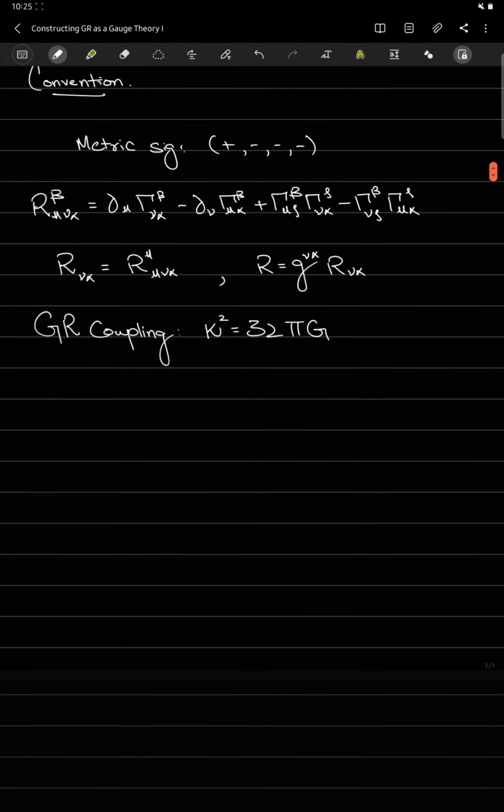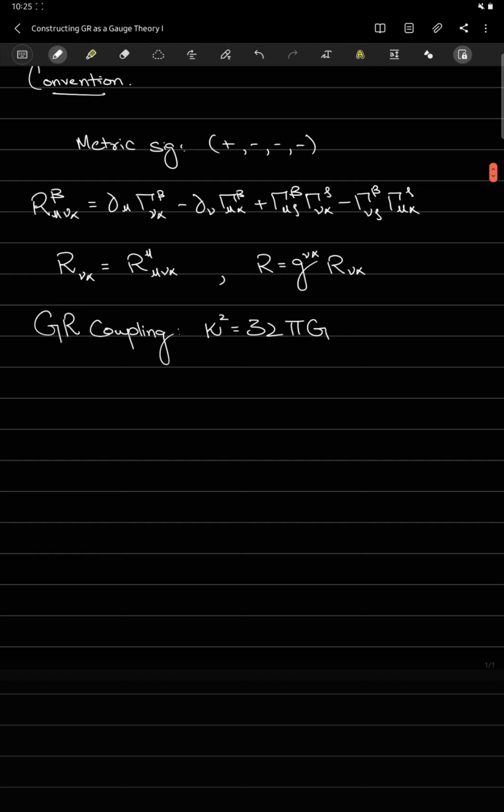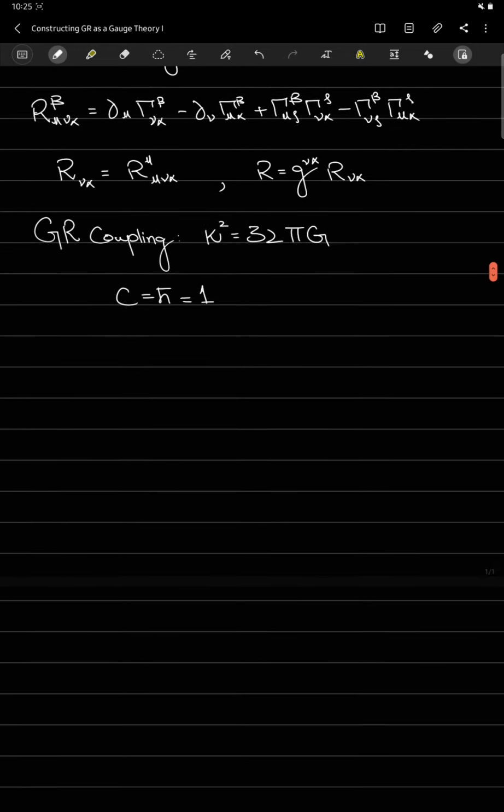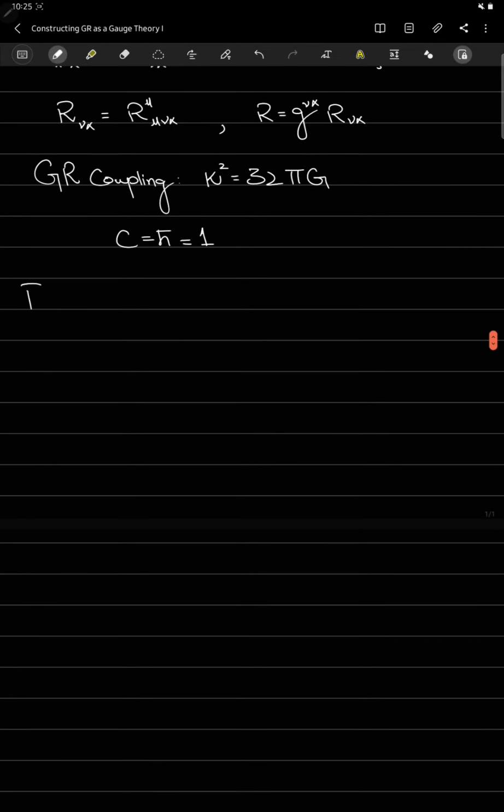Note that I will also be working in natural units throughout. That is, I would set c equal to h bar equal to 1, unless I mention otherwise in some places. Right, now let's discuss some of the preliminaries.